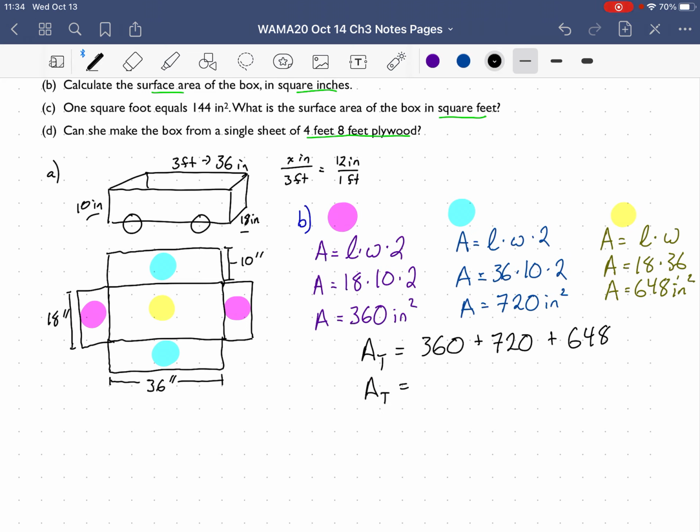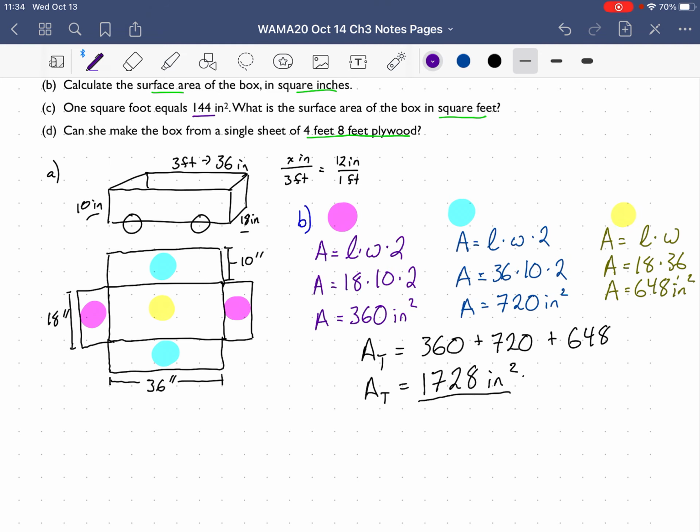So our area in total is equal to 648 plus 720 plus 360, which is equal to 1728 square inches. That's B. Calculate the surface area in square inches. There's the area total in square inches.